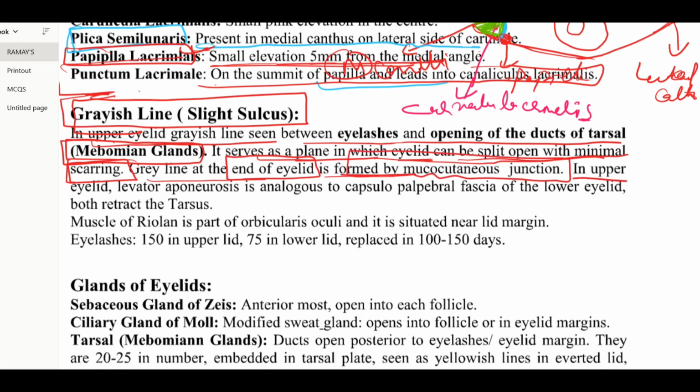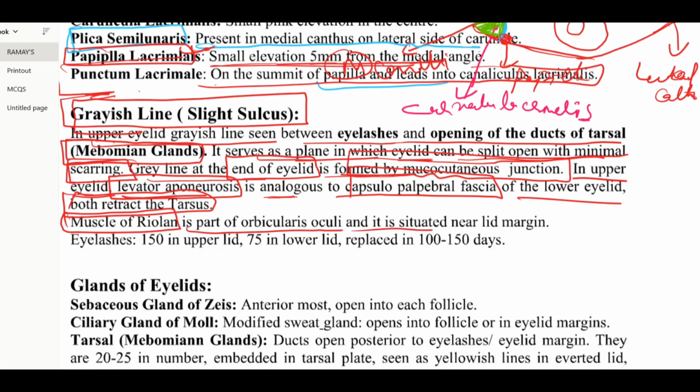In the upper eyelid, the LPS, the levator aponeurosis, is analogous to the capsulopalpebral fascia of the lower eyelid. Both retract the eyelid. And we have already studied that the muscle of Riolan is related to the gray line, is part of the orbicularis oculi, and is situated near the lid margin.